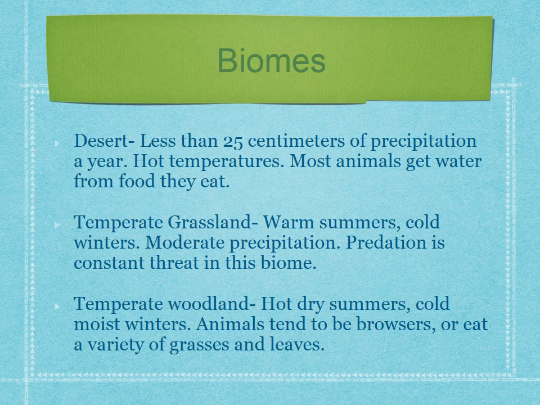There's moderate precipitation, and predation is a constant threat in this biome. We have temperate woodland, which has hot, dry summers and cold, moist winters, and animals tend to be browsers, or they eat a variety of grasses and leaves. So they're different. We definitely see a lot of herbivory going on in temperate woodlands.